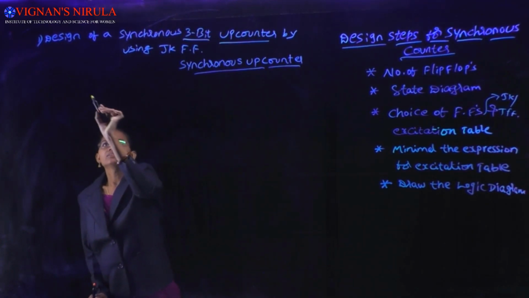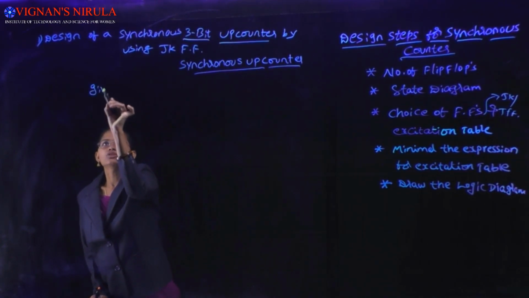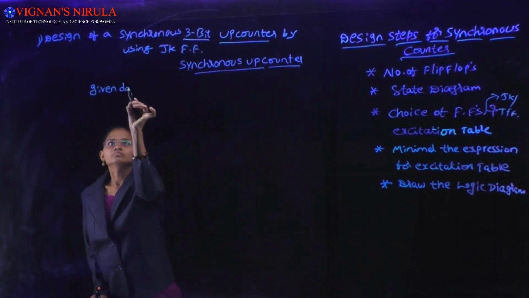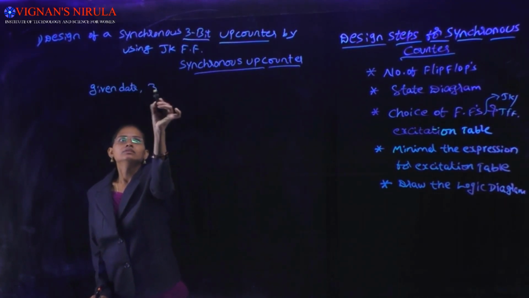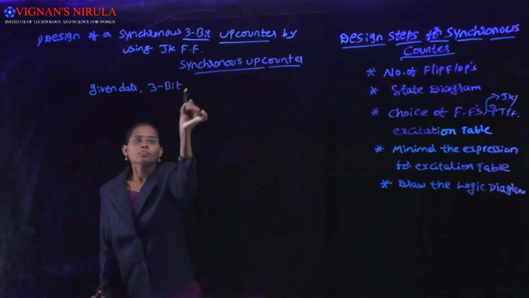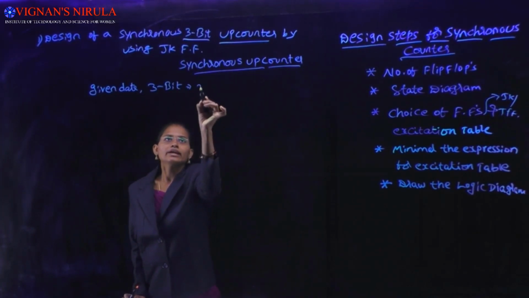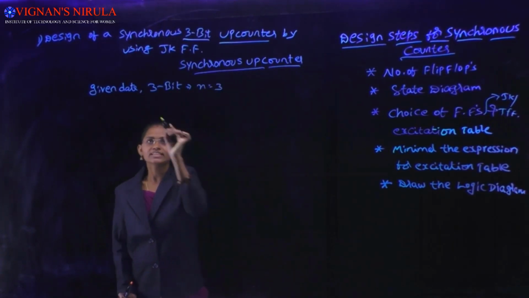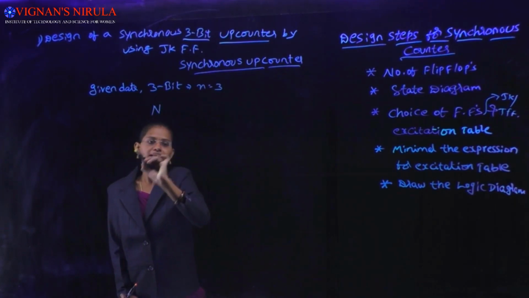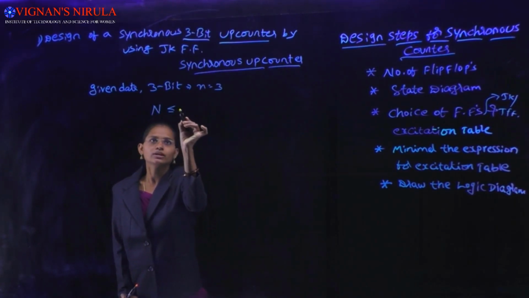Okay, here first write down the given data. 3-bit, so small n equal to 3. What is the condition? Capital N is less than or equal to 2 power n.